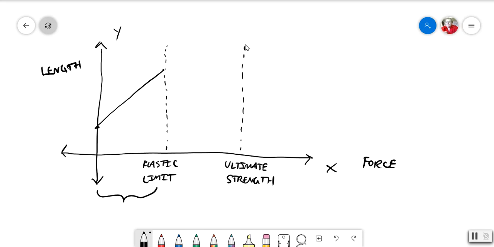Once you reach the elastic limit, in this zone here, you've got plastic deformation. Back here, you could just say stretching.